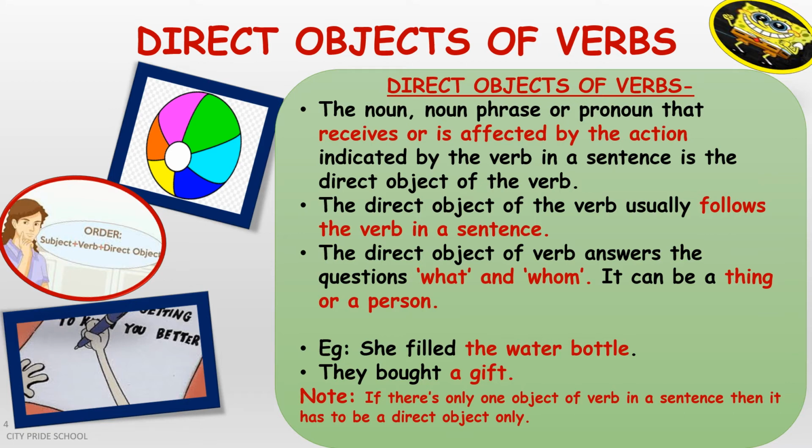So that is a noun phrase without any verb, and a pronoun. Okay, so any of these three things, when they receive the action directly, then it is known as direct object of verb, and it is usually followed by the verb in a sentence.